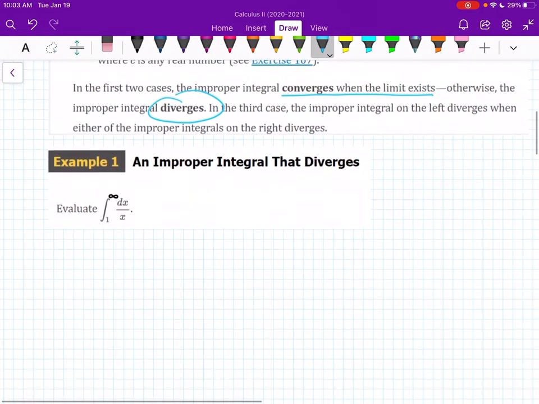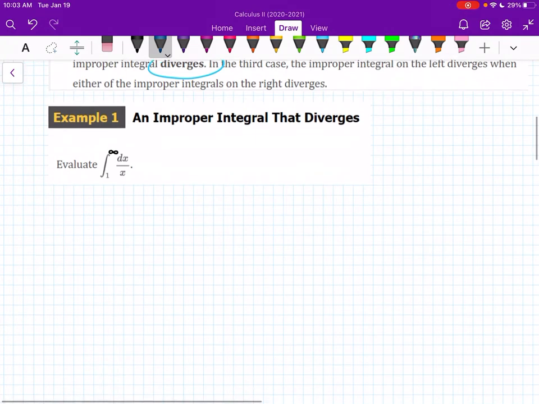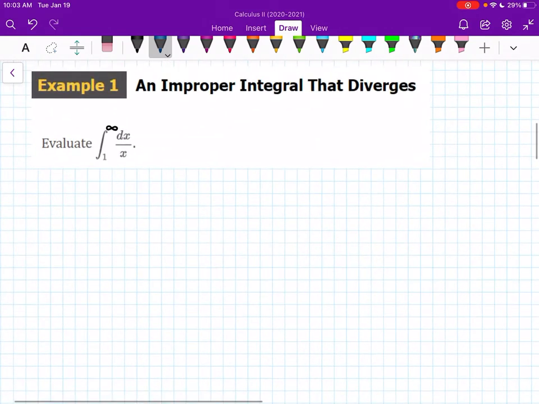So let's take a look at that. So the first example had a typo in it, so my little handwritten infinity hopefully appears on your notes. So we are taking the integral from 1 to infinity of 1 over x dx. So the first thing we're going to do is replace that infinity with b and take the limit as b goes to infinity.